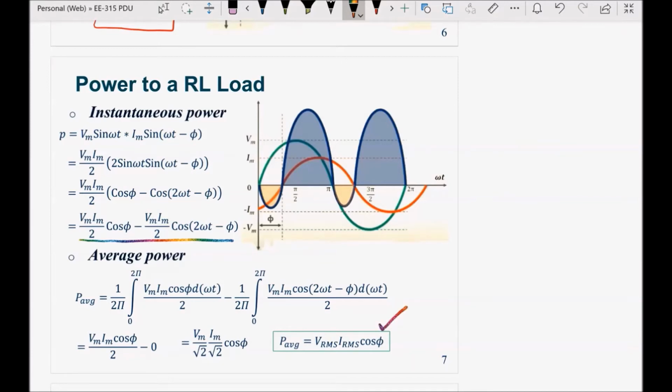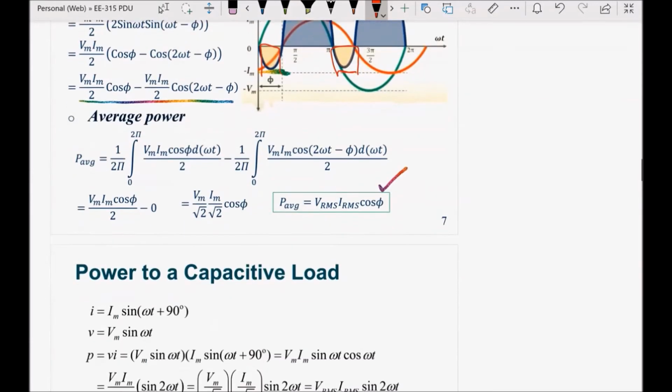And if you observe the plot, the negative halves, which are these two, are smaller than the positive halves, which means that there are some power losses associated with the circuit.